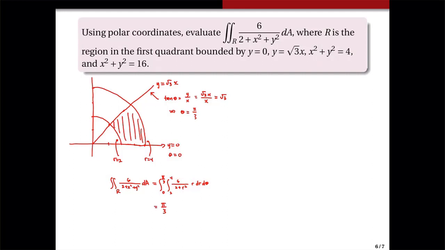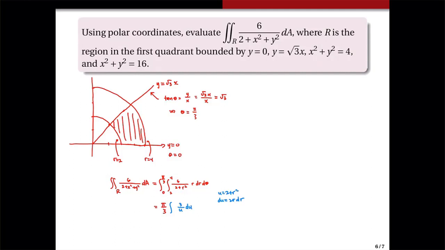And with respect to r, we can use u substitution. If u equals 2 plus r squared, du equals 2r dr. So this becomes the integral of 3 over u du.